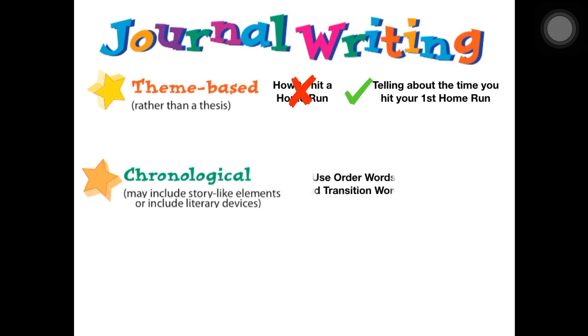So you will be using order words and transition words to make the flow of journal writing smooth, because you're going to want to make sure that the reader understands what's coming. This is first, this is next. So you want to make sure that you are ordering things chronologically.